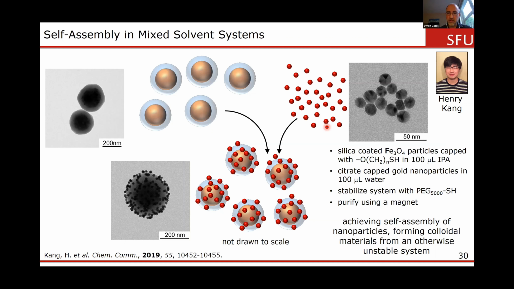And so the key thing was to be able to stabilize this process. This is another area that I'm interested in, looking at the assembly of things that are otherwise unstable, and trying to make something that is, at the end of the day, colloidally stable. And so we were able to make these gold decorated particles.